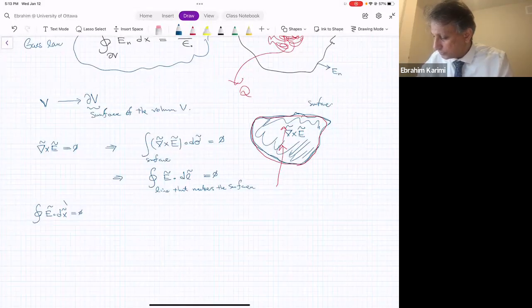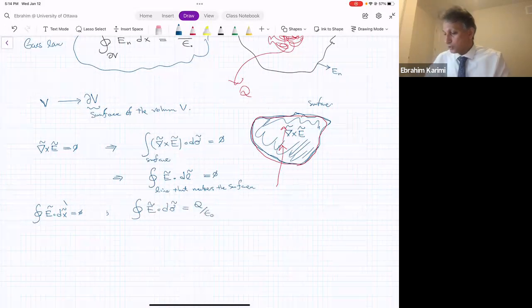That's the Stokes one. And then the integral of E dot d sigma equals Q divided by epsilon naught. Those are the Gauss and Stokes theorems, and you can use them to find out what is going on with the continuity of the electric field at boundaries.